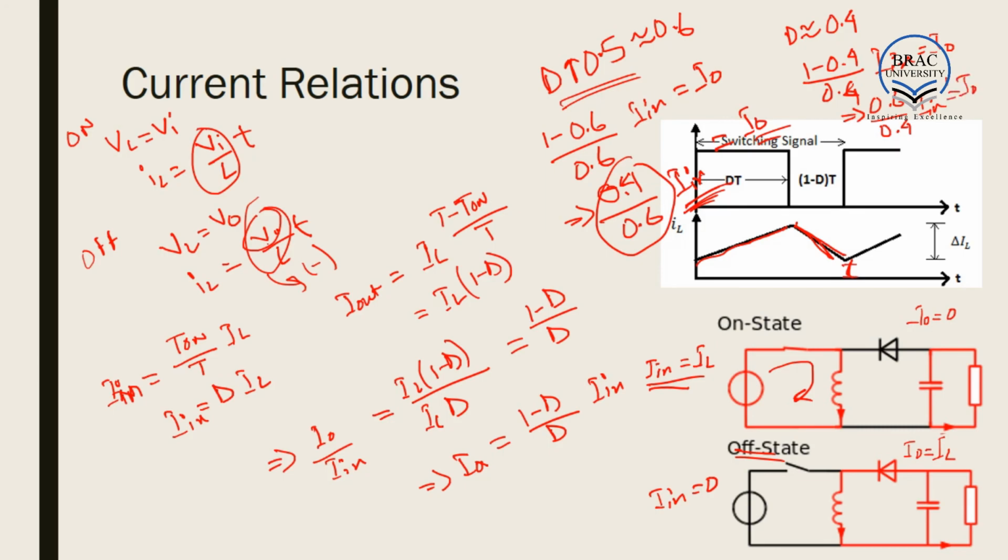As a result, we can see that output current here will be greater than input current. So when D is less than 0.5, it follows buck operation. So we get, in case of buck boost, if the duty cycle is above 0.5, it acts as a boost. If duty cycle is below 0.5, it acts as buck.